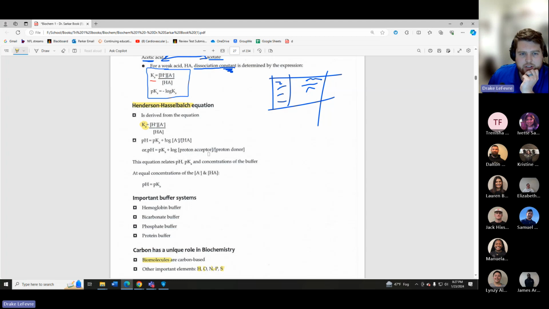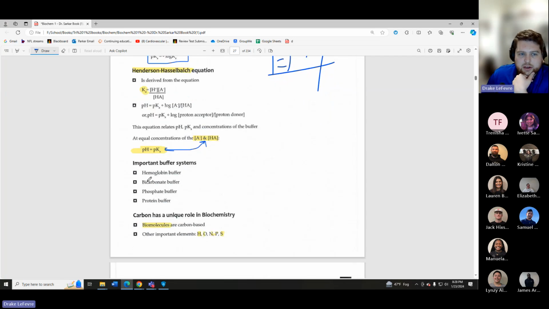And then these other little key tidbits, like pH equals pKa at equal concentrations of conjugate base and acid. So he could ask a question about that as well, relating those two. I remember that being a test type question.